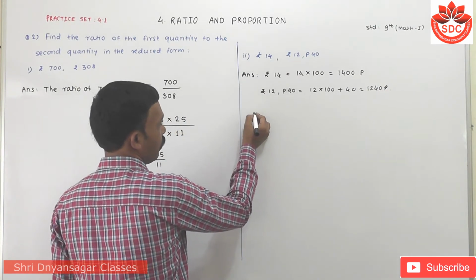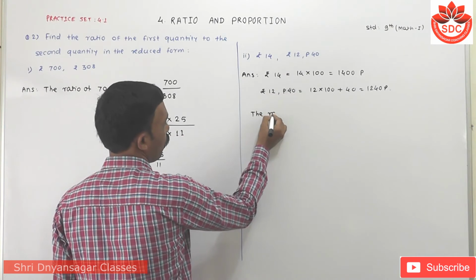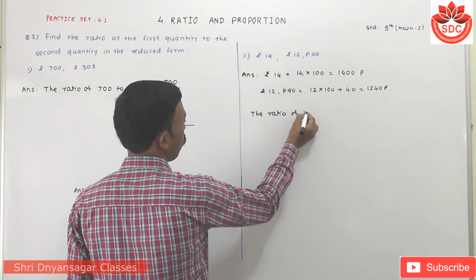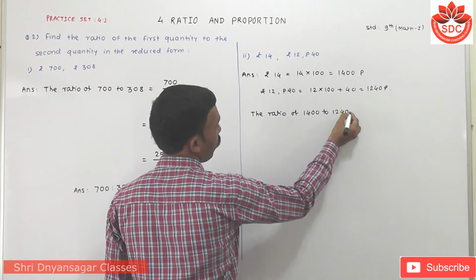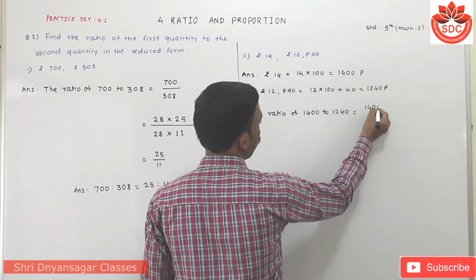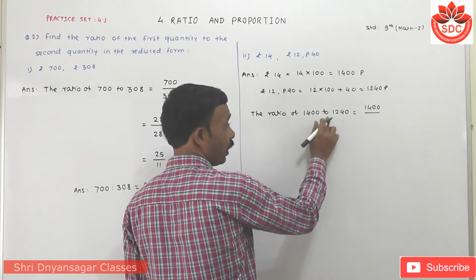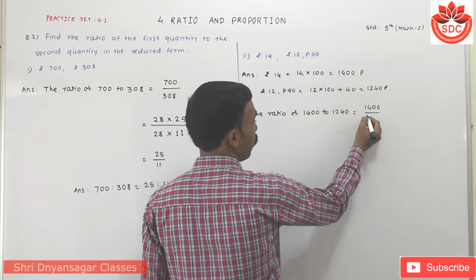Here the quantity is the same, therefore the ratio of 1400 to 1240. Sorry, here it is 1400 to 1240.